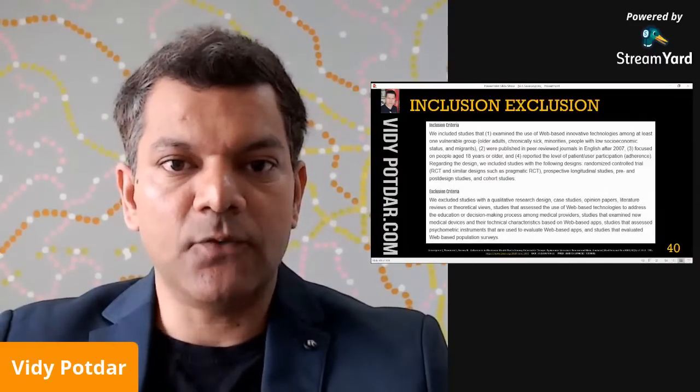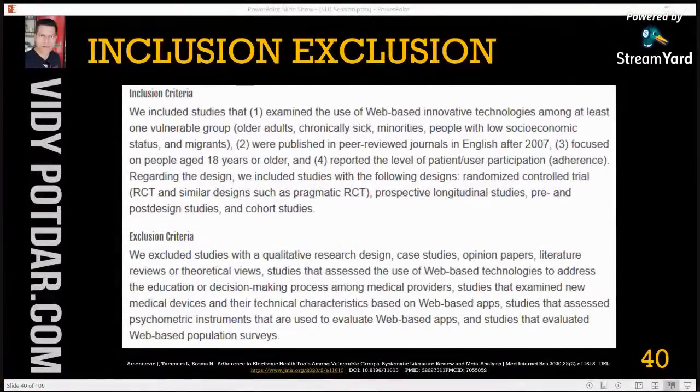If you see here, this gives you an example of an inclusion and exclusion criteria. We included studies that examined the use of something, those that were published in peer-reviewed journals after 2007, focused on people aged 18 years or older, and so on.